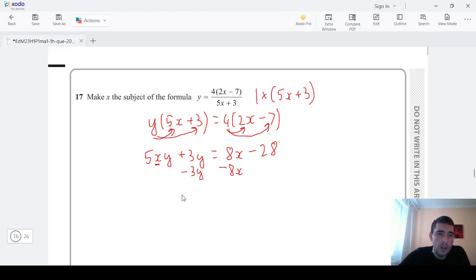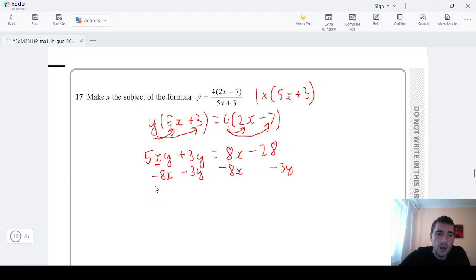Okay, so these cancels from the left side and moves to the right hand side. So just to keep the balance, whatever we do to left hand side, we need to do the same for the right, and vice versa for the right hand side. So we do minus 8x, we need to do the same to the left hand side.